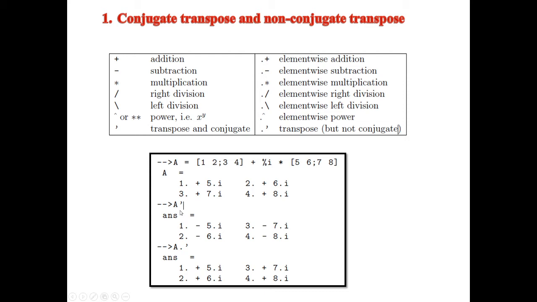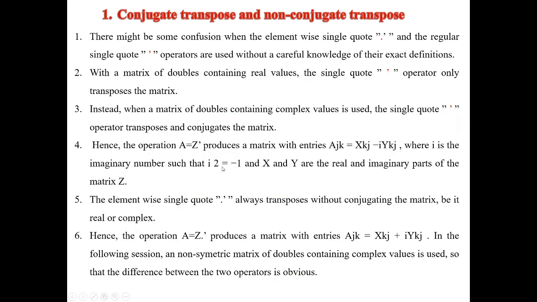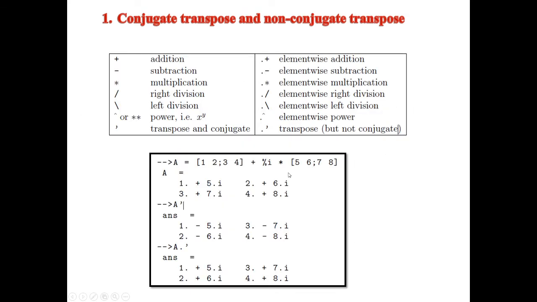A dash is transpose and conjugate, right? The same process is done, that is, 1, 2, 3, 4 element-wise operations are done with the conjugation operation. Understood? That is why we are getting minus over here. Here we represented plus, but since it is a dash, that means transpose and conjugate, it is minus.